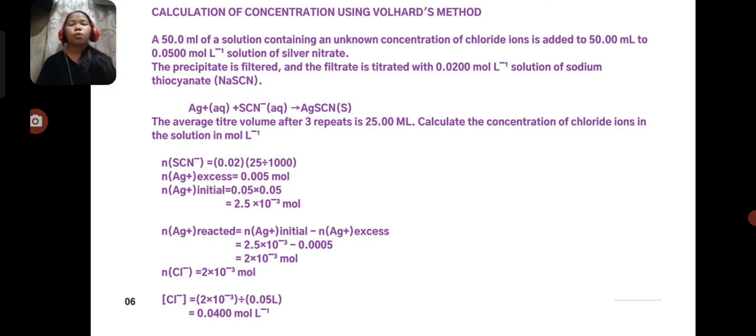So it equals 0.0400 mole per liter. It may look somewhat confusing, but we should not be confused if we just follow the procedures and convert things for the uniformity of the units.